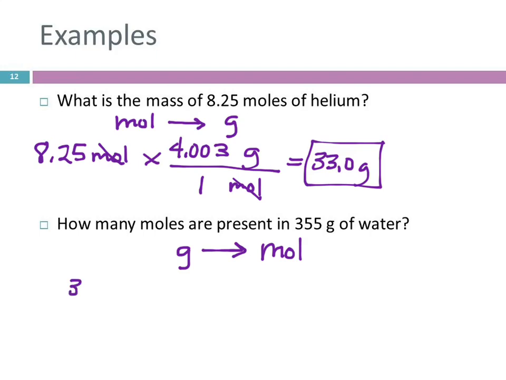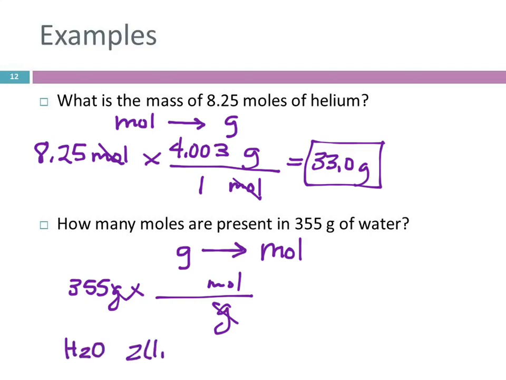So 355 grams times, and we're going to have moles on top and grams on the bottom. So the units cancel out. To calculate this, it was given on the previous slide, but we'll pretend that we don't remember that. H2O is the formula for water.